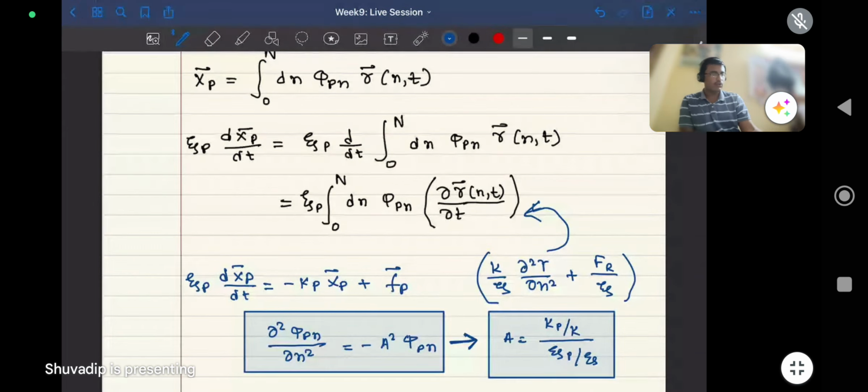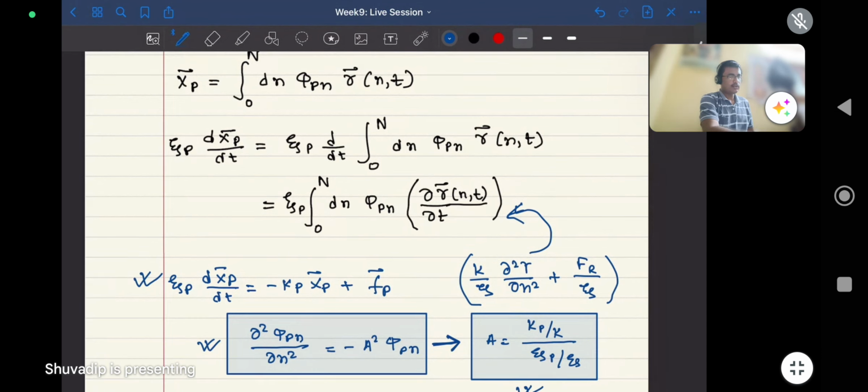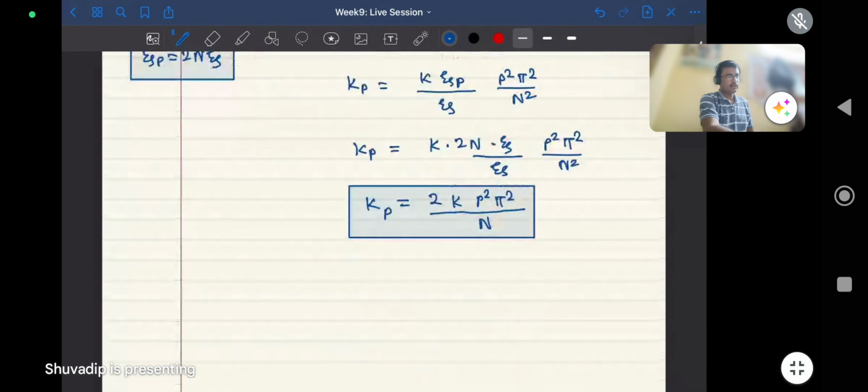If you do integration by parts, you will get something of the form of this equation, and from that you can calculate that there is an equation of this form where a squared is given by this. Okay.